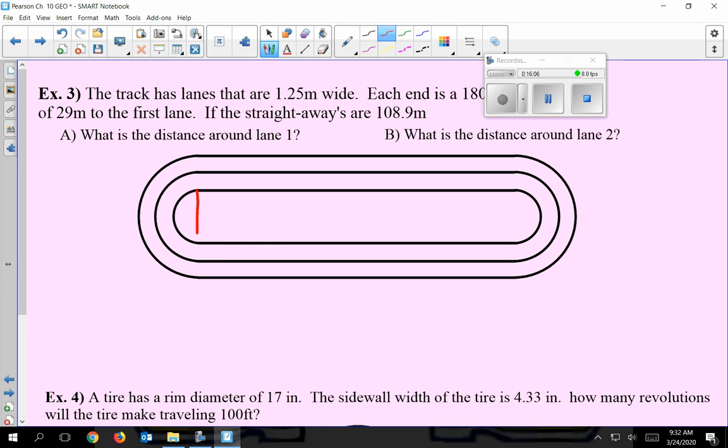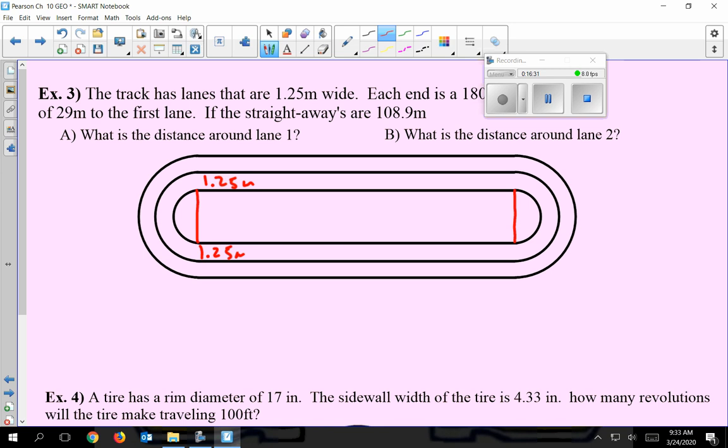I'm going to stop and point something out along the way. But let's just do it this way. They tell me that the lanes of the track are 1.25 meters wide. So that's really on both sides, okay?